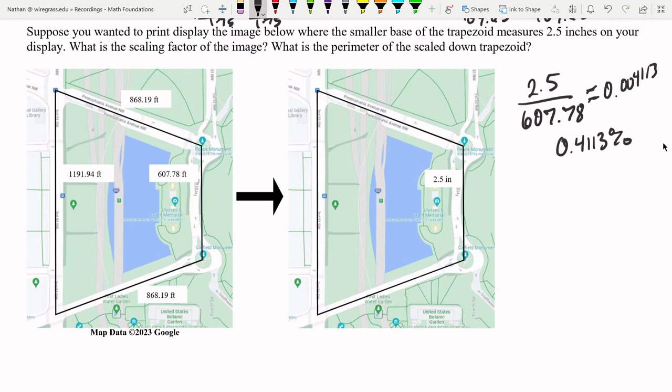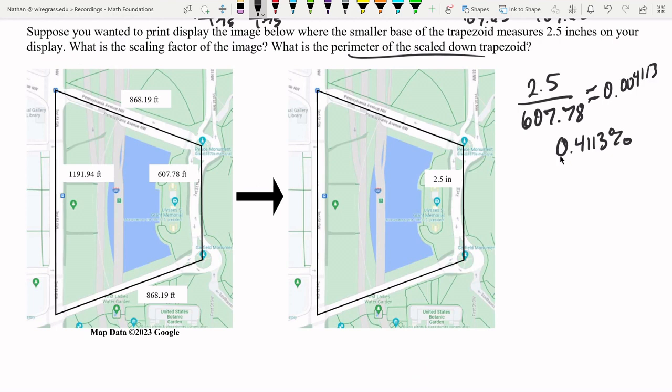This is a weird percentage because we're setting the smaller distance, but all we have to do is take 0.4113% of each side, and that's going to give us the side lengths here. And if we add them all up, that's going to give us the perimeter of the scaled down image.